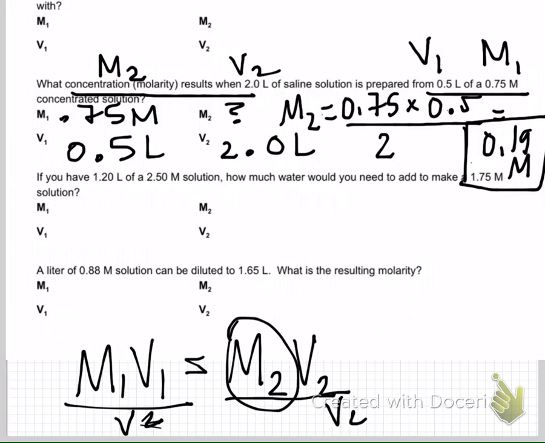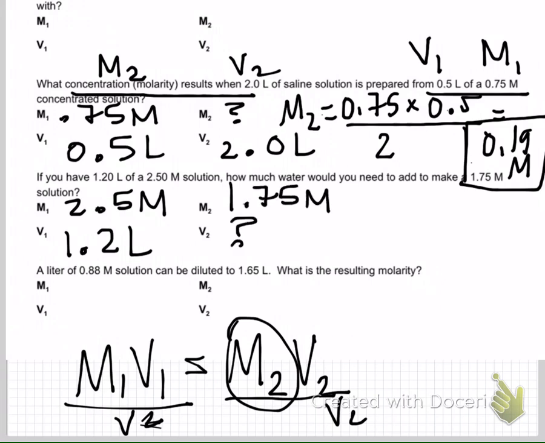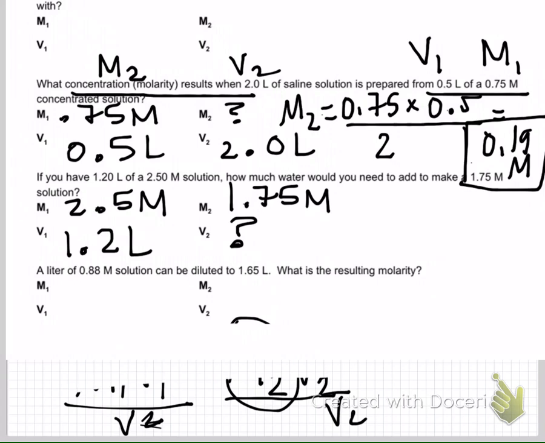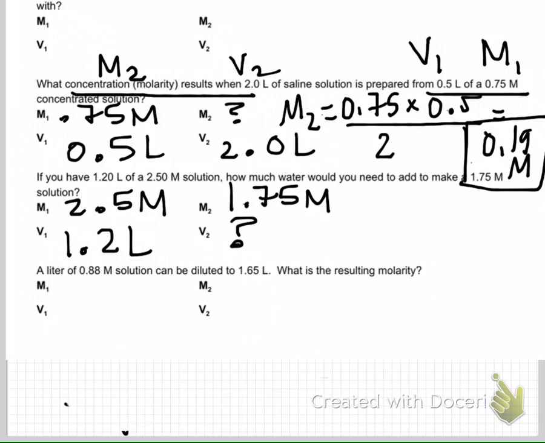Last 2. We have our original at 2.5 molar. Our initial volume is 1.2 liters. My final molarity is 1.75. And my final volume, I don't know. So if I'm solving for V2, let me show you.